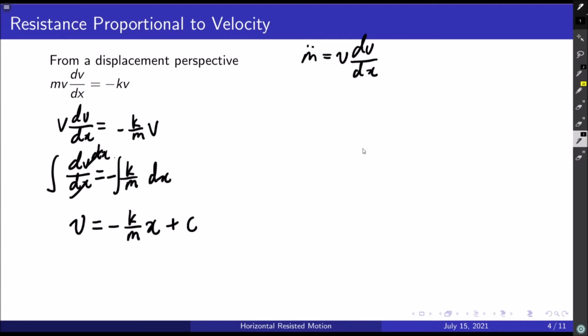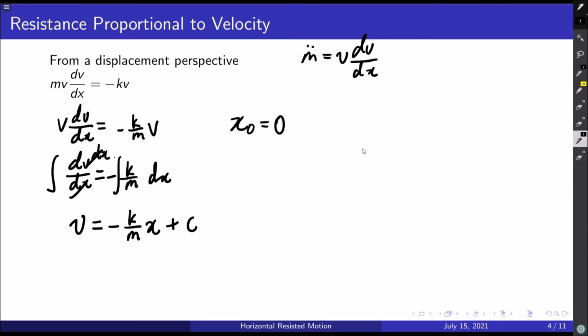In most cases, we usually start counting where x0 equals 0. So the initial displacement we treat as 0, and then as it moves, displacement changes, we end up with some value x.